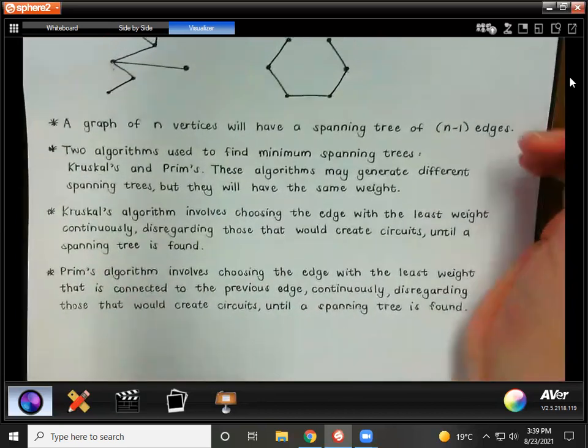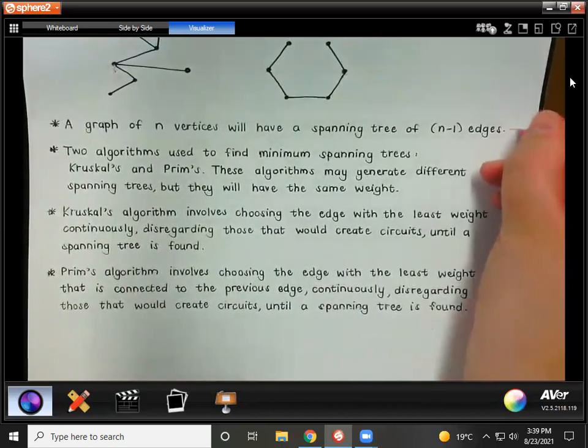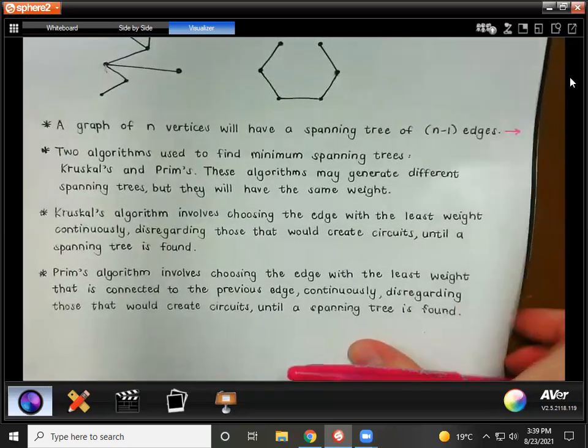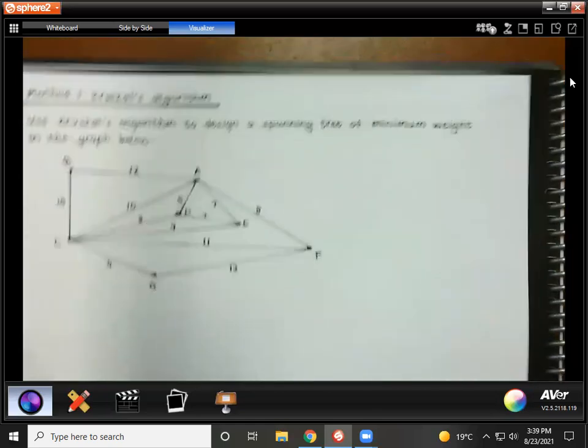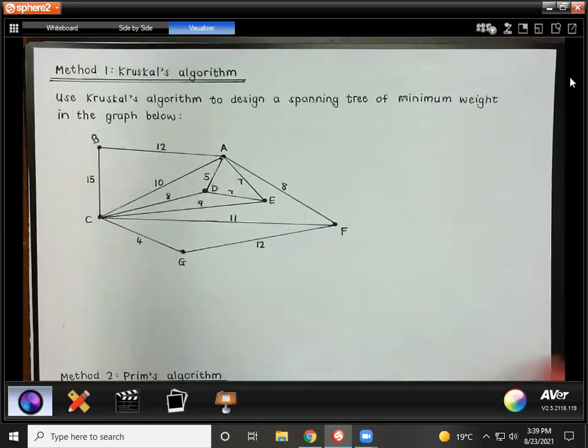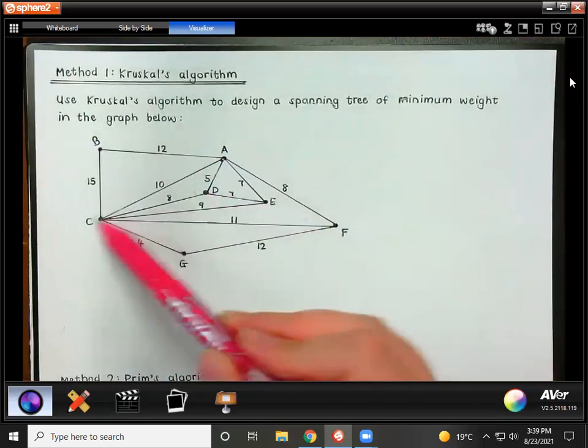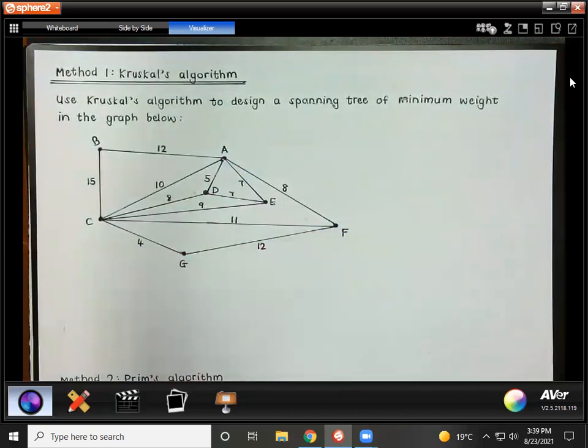Now, guys, this is also going to be important. This is almost going to be a bit of a check that we can do. How many vertices do I have here? 1, 2, 3, 4, 5, 6, 7. So this spanning tree should have 6 edges, always one less than the number of vertices.